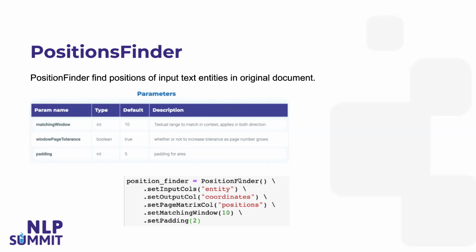So we should specify the input column with entities and an input column with original positions. And the output will be the coordinates of regions with the needed entities.